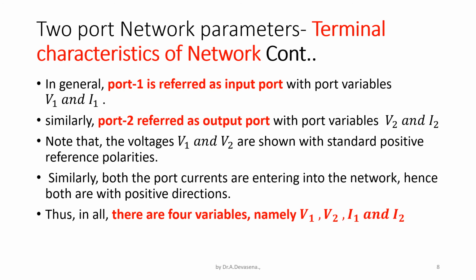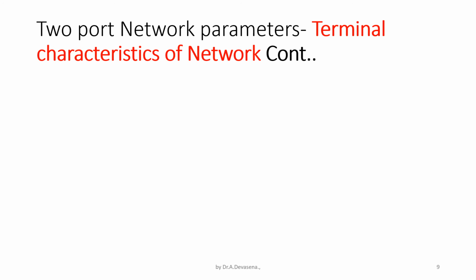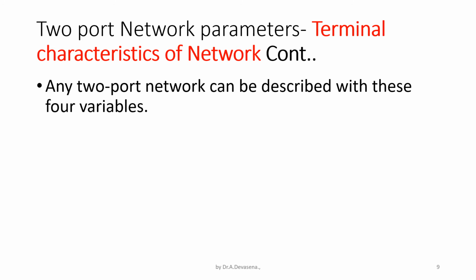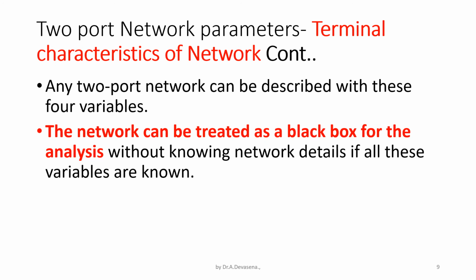Thus, in all, there are four variables, namely V1, V2, I1 and I2. Any two-port network can be described with these four variables. The network can be treated as a black box for the analysis, without knowing network details, if all these variables are known.